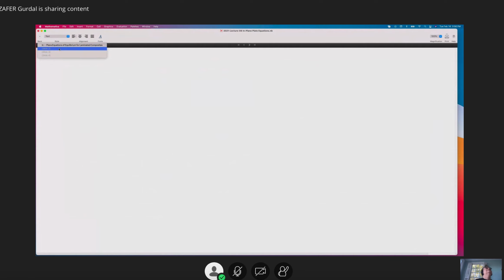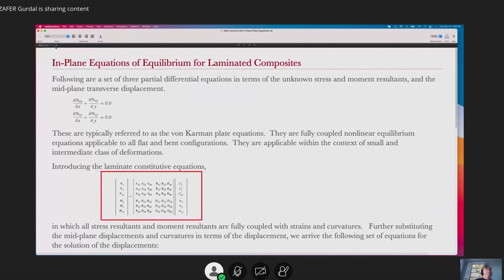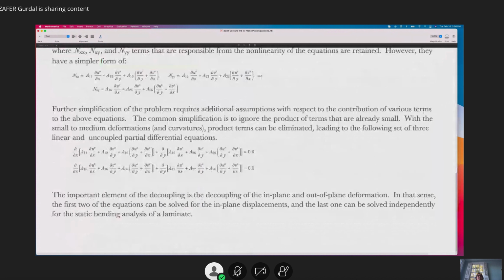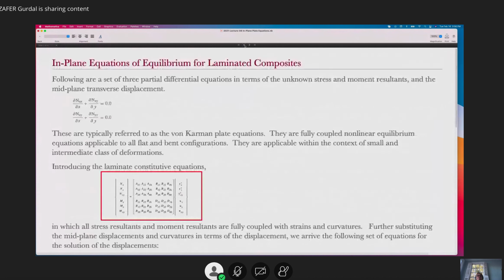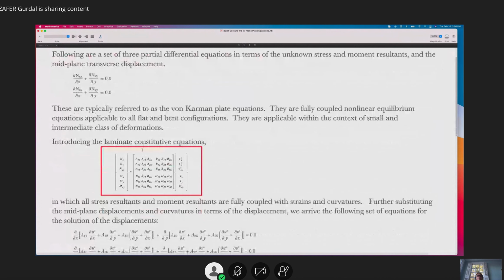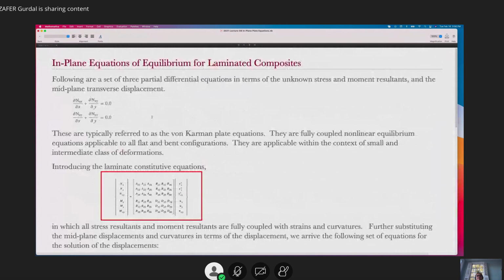So slides 2, 3 and 4 are empty right now. Only slide 1 exists. I'll put the other equations in there and post this as well before the next lecture, so that we can actually solve the problem that we want to solve under cylindrical bending.